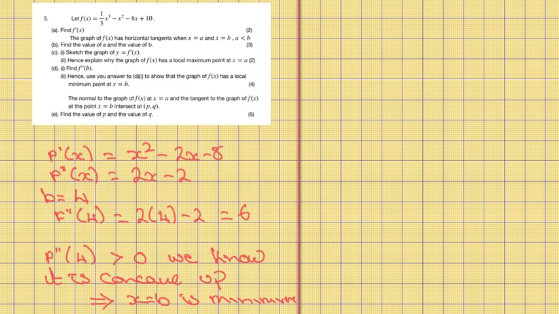E. The normal of the graph of f of x at x equal a and the tangent of the graph of f of x at the point x equal b intersect at the point PQ. Find the value of P and the value of Q. First, draw a rough sketch of the diagram and draw in the two tangents.